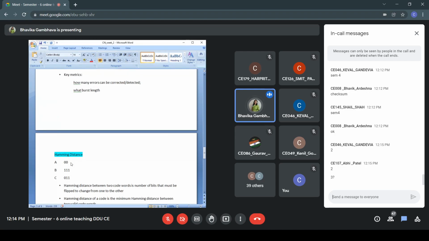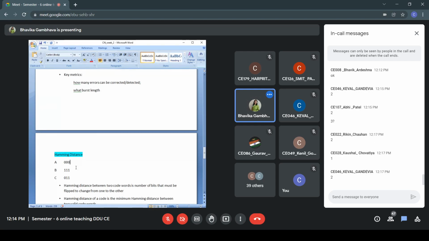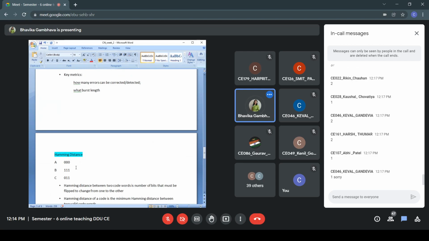Can you tell me what will be the Hamming distance between this? The new values of A, B, C which I have assigned. No, it is not 2. It is 1. Why 1? Because B and C are different by just 1 bit. Whatever is the minimum between all the possible pairs, we will be considering that.